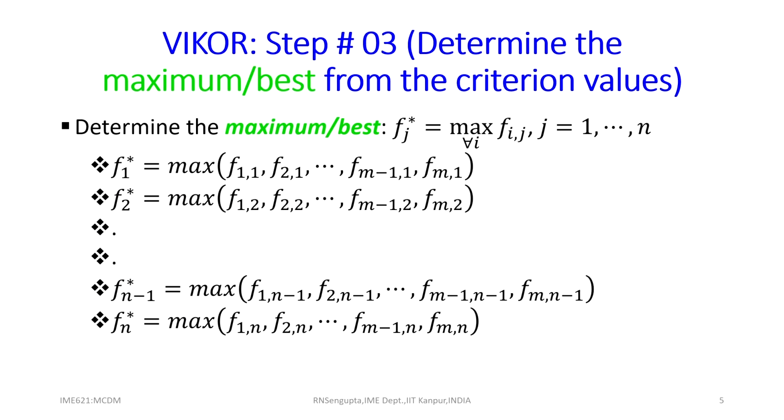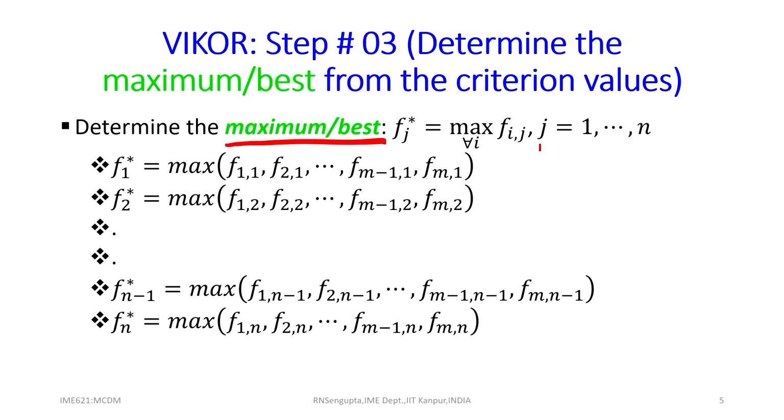Now, this is the slide where we ended the last class, and we need to find the maximum, the best benefit. For each of these criteria, marked by j, because there are n criteria, we find the maximum of f_ij over all of the alternatives considered.